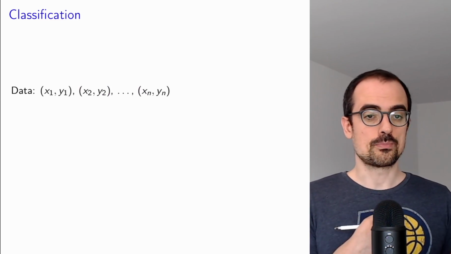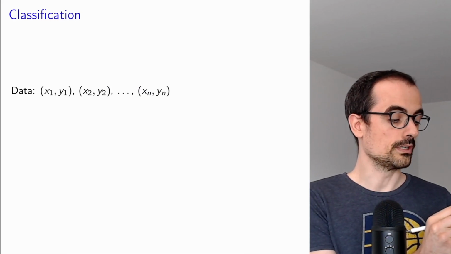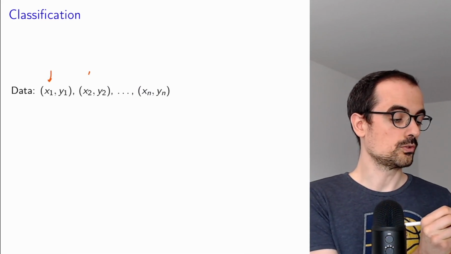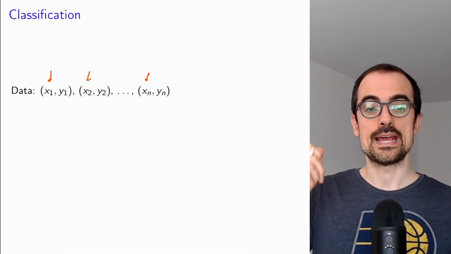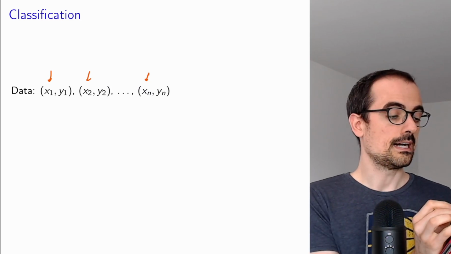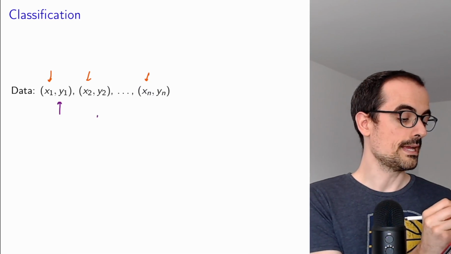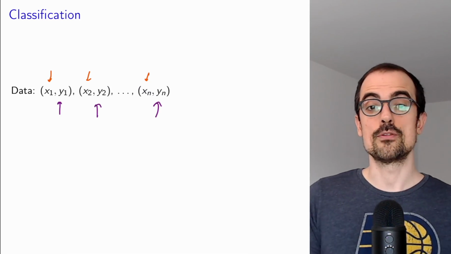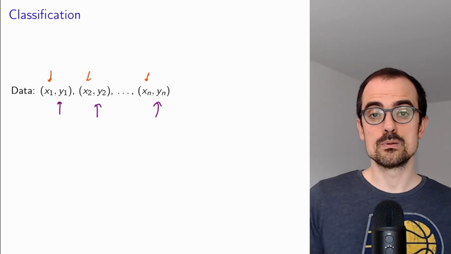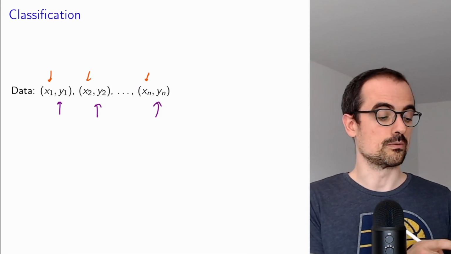For the classification problem, in terms of notation, x1, x2, up to xn are going to be n feature vectors in our training set, and y1, y2, up to yn are the corresponding responses, which are the labels corresponding to the predefined classes in our classification problem.